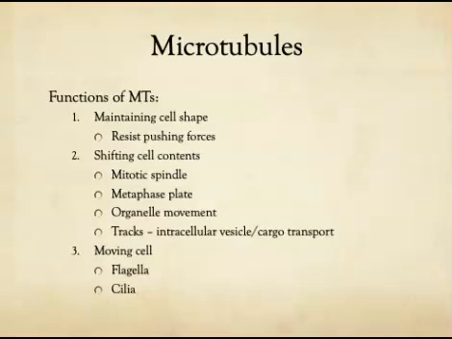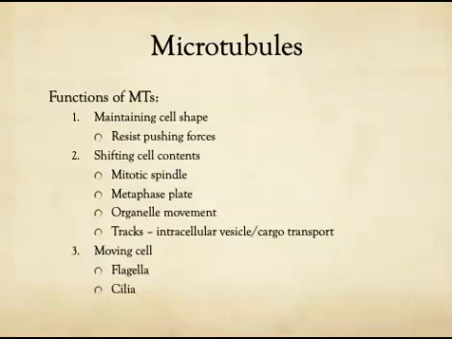As I said earlier, remember, microtubules form the mitotic spindle that helps move chromosomes around during mitosis. Microtubules are also involved in moving organelles from place to place. Not all of the organelles move in a cell, but some of them do, and they have to be transported.